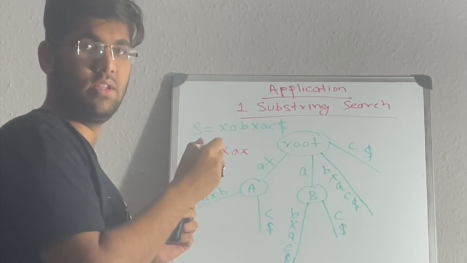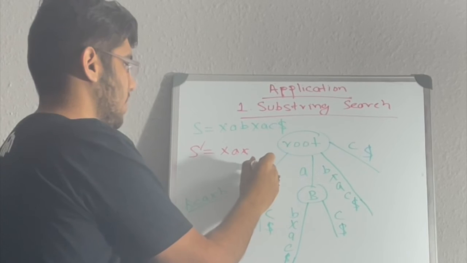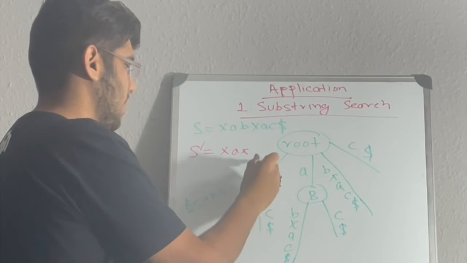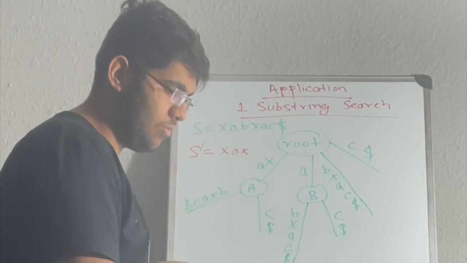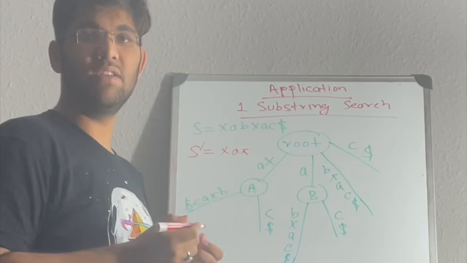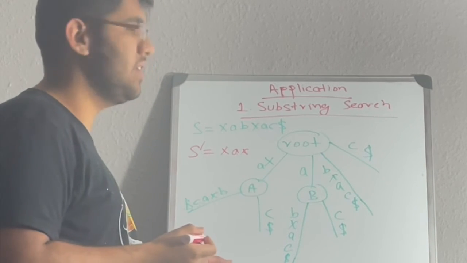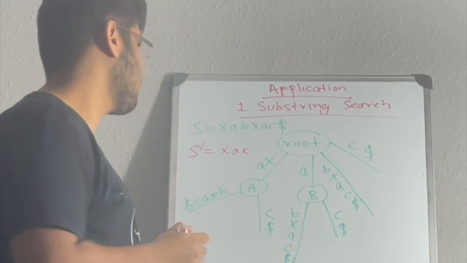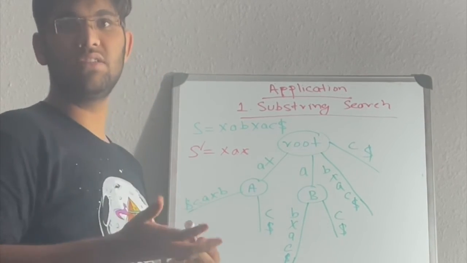We know this should return false, so we start from the root, X, A, C, no, X, A, B, so yes, we can return false for it. Basically, we just go from the root to a leaf node, and if the substring is there, the suffix tree will contain that path. So this was the first application of the suffix tree.